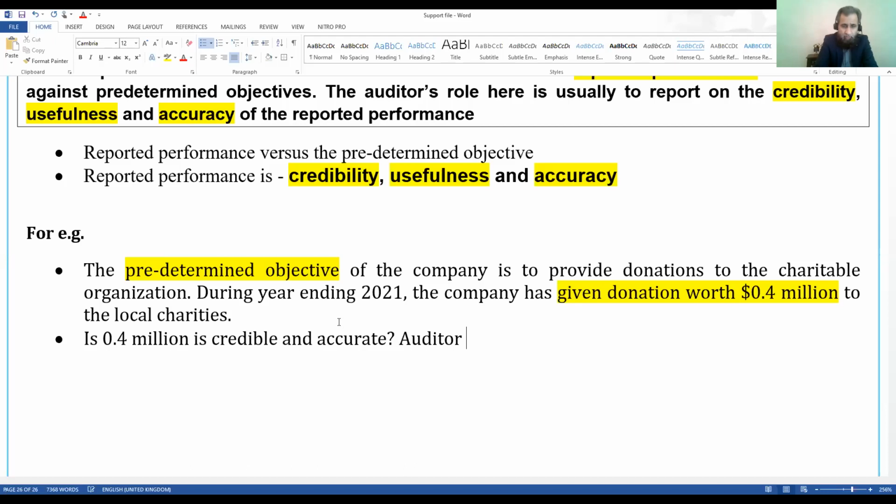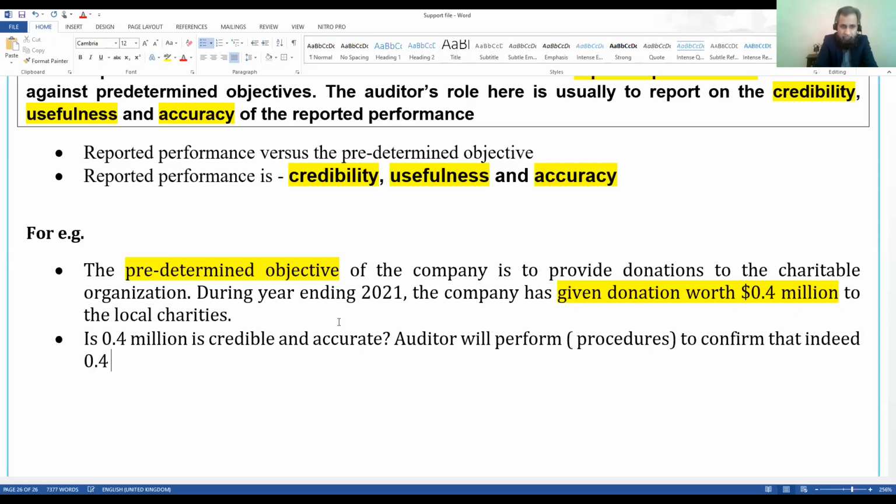The auditor will perform procedures to confirm that indeed 0.4 million was given as donation. So what you do in the audit, whether you're doing the audit of the financial statements or the audit of the performance information, procedures, because without procedures, audit cannot be performed, right?